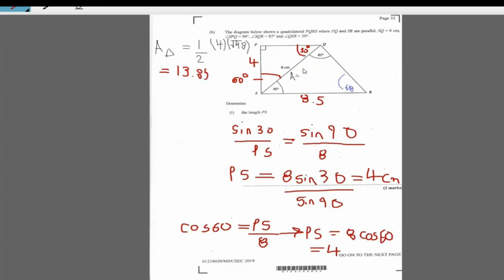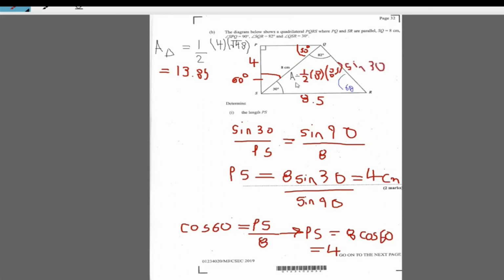And then we need the area of this part now, which is a half AB sine theta, which is a half of 8 times 8.5 times the sine of 30. That's going to give us the area of this triangle.